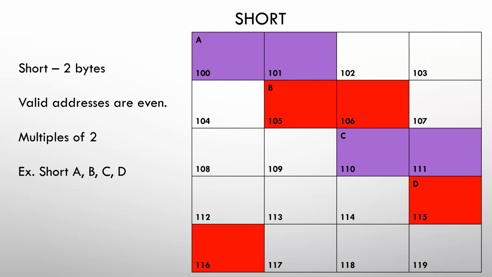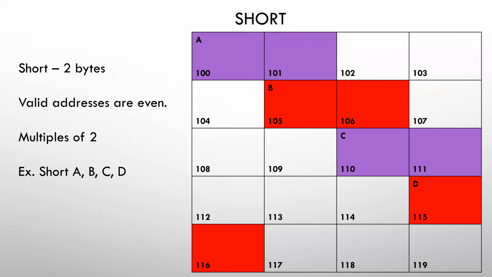We go on to the next line and try to store it using the second spot inside the memory. We have it starting at 105, but because that's not an even number, we cannot use it to store the short.